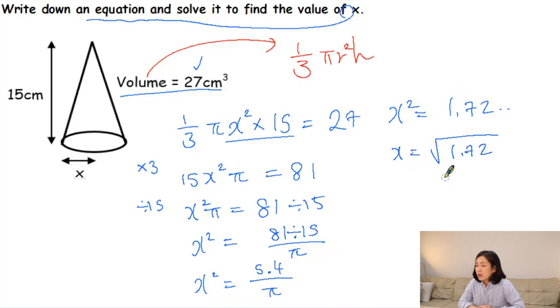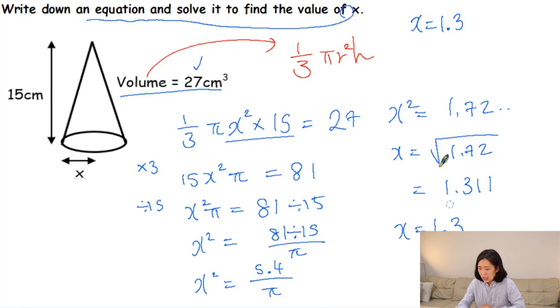Now use the inverse operation. The square root of 1.72 will be 1.311. This is the answer. So x will be 1.3. If we express our answer to the nearest 1 decimal point, we can say it's 1.3. Right, so this is the end of the first video.